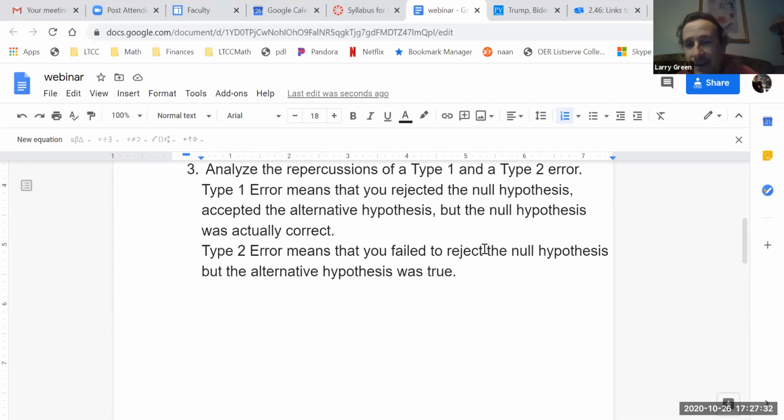Never, ever, ever accept the null hypothesis. That is not something you do in statistics. You fail to reject. I know it looks like a double negative, but it means that we don't have evidence to say the null hypothesis is false, which is not the same thing as saying the null hypothesis is true. It might be the sample size is too small, for example. The null hypothesis could be false, but the sample size is too small, so we don't have anything to say. So just let you know that that could happen.